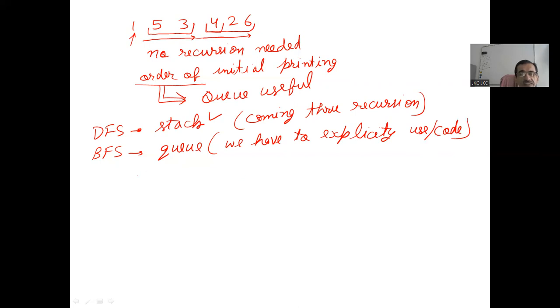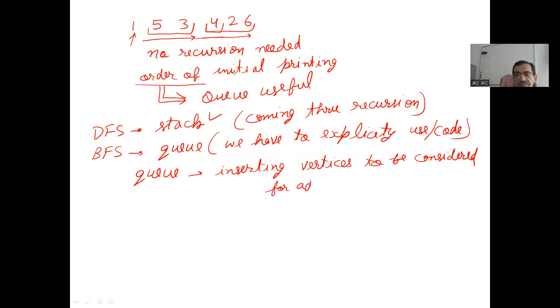So I will maintain a queue, and in the queue, I will keep on inserting the vertices to be considered for adjacent traversal.